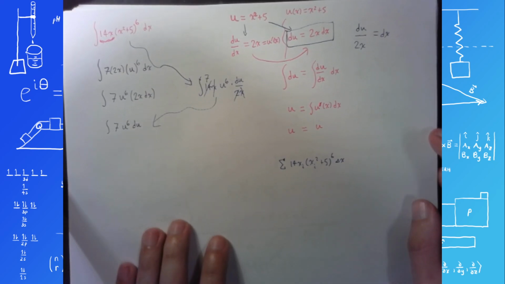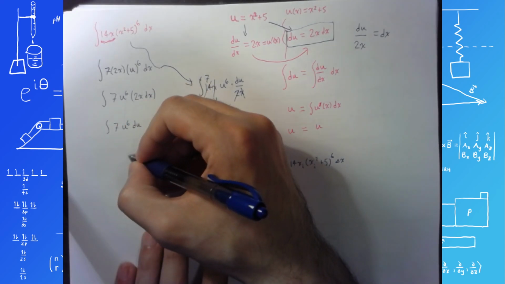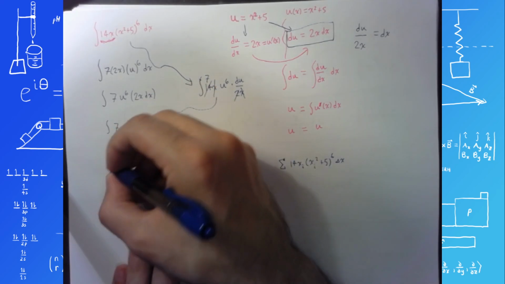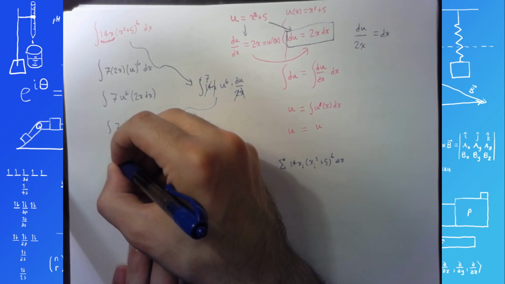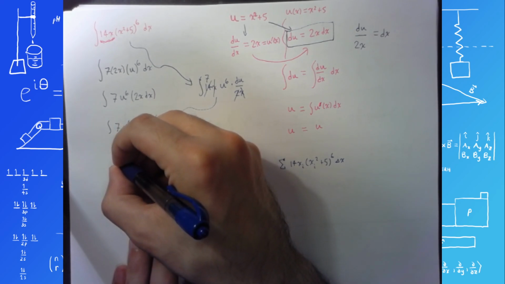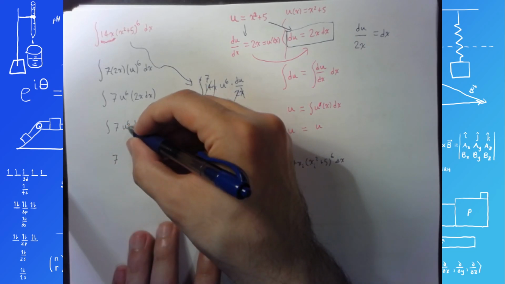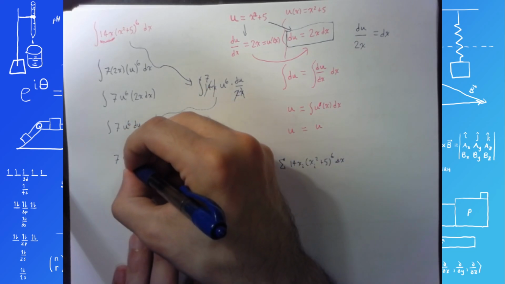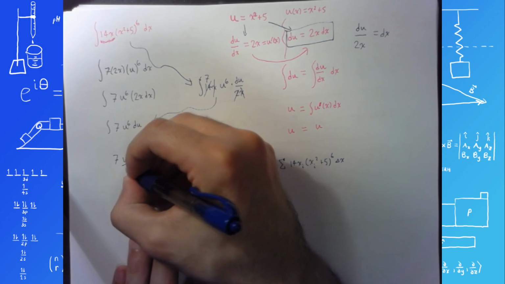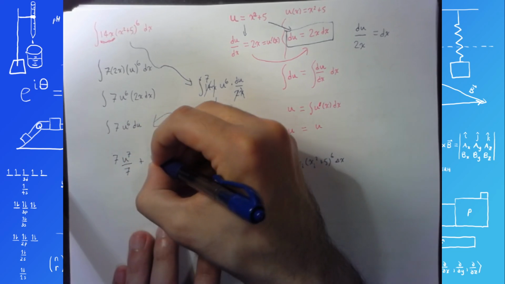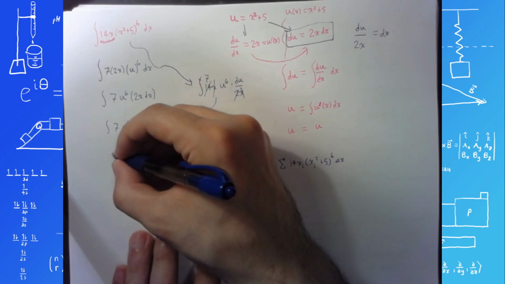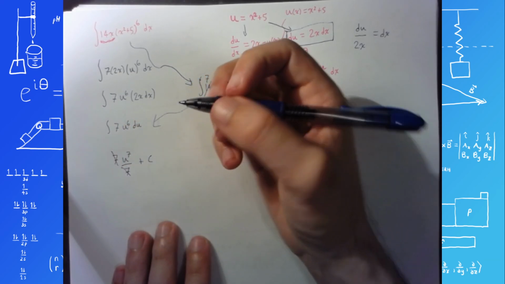Okay, so 7u to the 6 du. I can integrate this pretty easily using the power rule. u to the 6 becomes u to the 7. So it becomes 7, and then u to the 7 over 7, plus c. And the 7s cancel out.